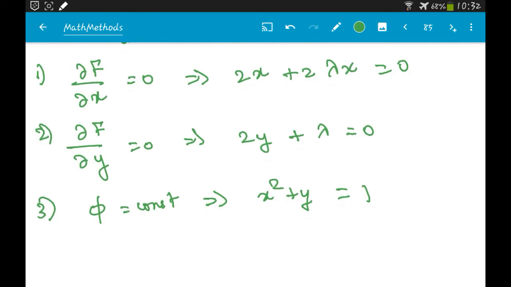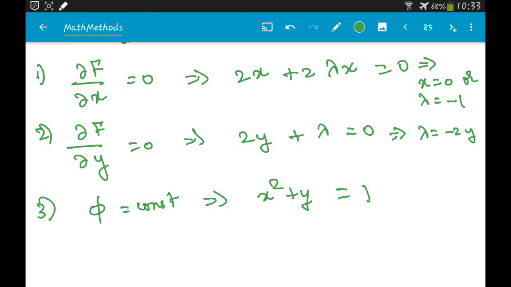From the first equation we can get either x is 0 or lambda equals minus 1. From the second equation we get lambda equals minus 2y.